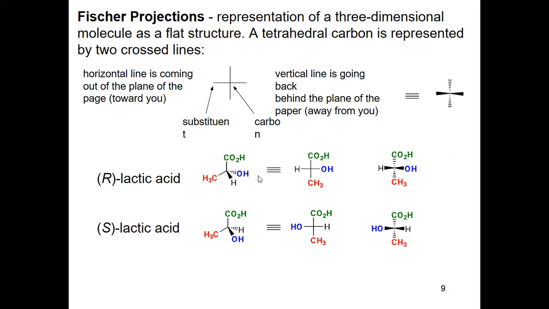what you call a Fischer projection. Okay, so if you have this structure, to draw the Fischer projection, you would position the two groups in the vertical position as the bonds that are going towards us.